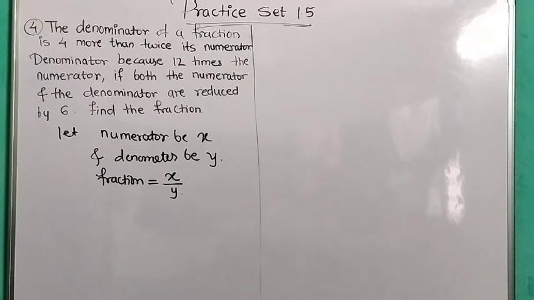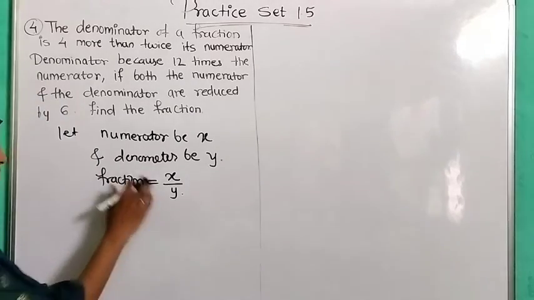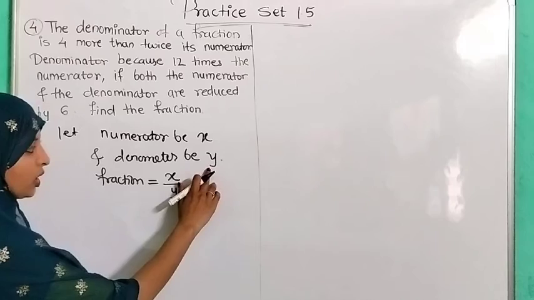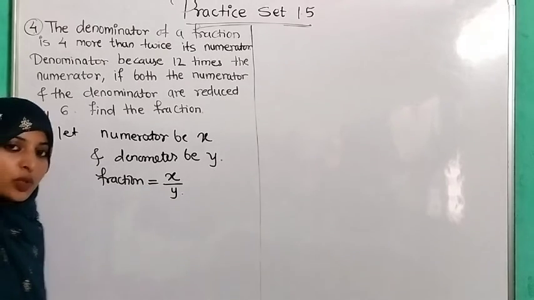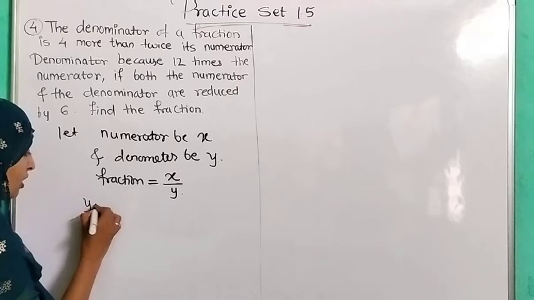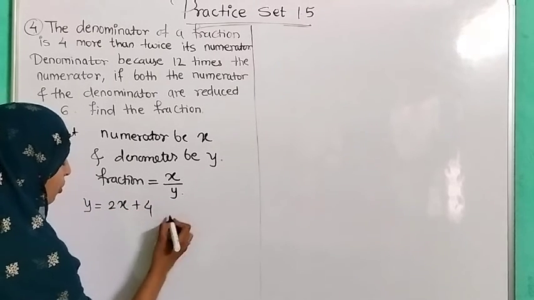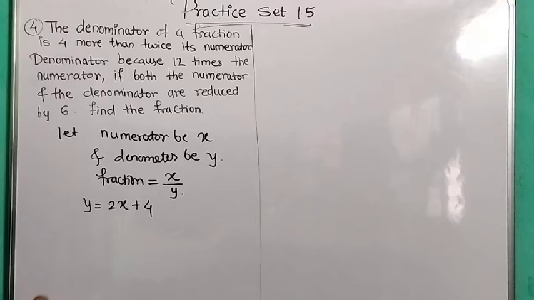Now according to the first condition, the denominator of a fraction is 4 more than twice its numerator. Means denominator is equal to twice the numerator and 4 more. So y is equals to 2x plus 4. This is the first equation.